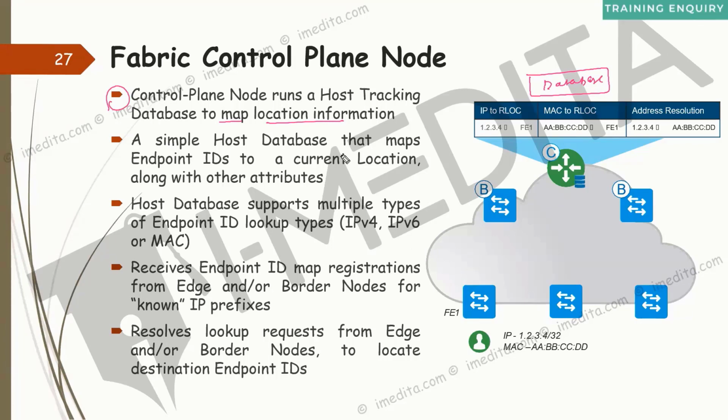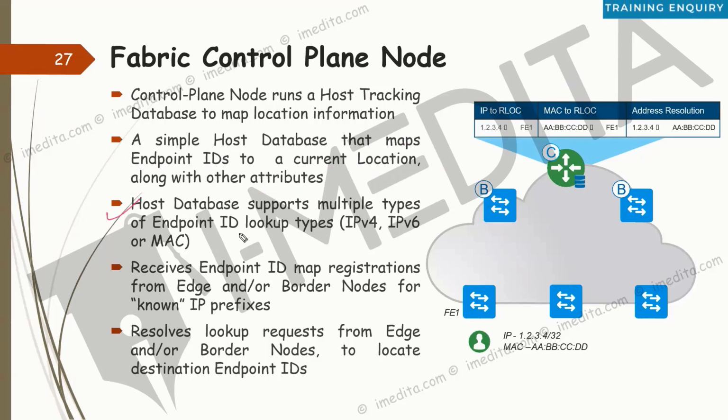This RLOC is also referred to as the routing locator. Basically, this is the IP address of the switch where that endpoint is actually connected. So it is a simple host database that maps the endpoint ID to the current location, along with some other attributes as well. When we use the configuration command, we'll be able to verify that.